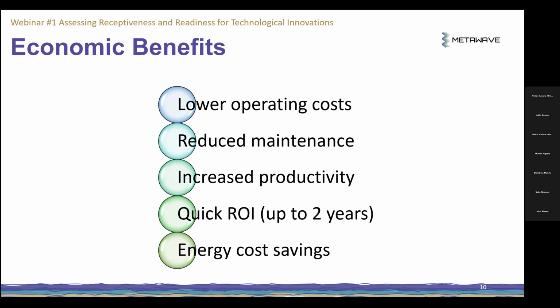Downtime is minimized. This system also boosts productivity, allowing more output in less time. And when you combine all these factors, the return on investment is impressive, often within just 2 years.